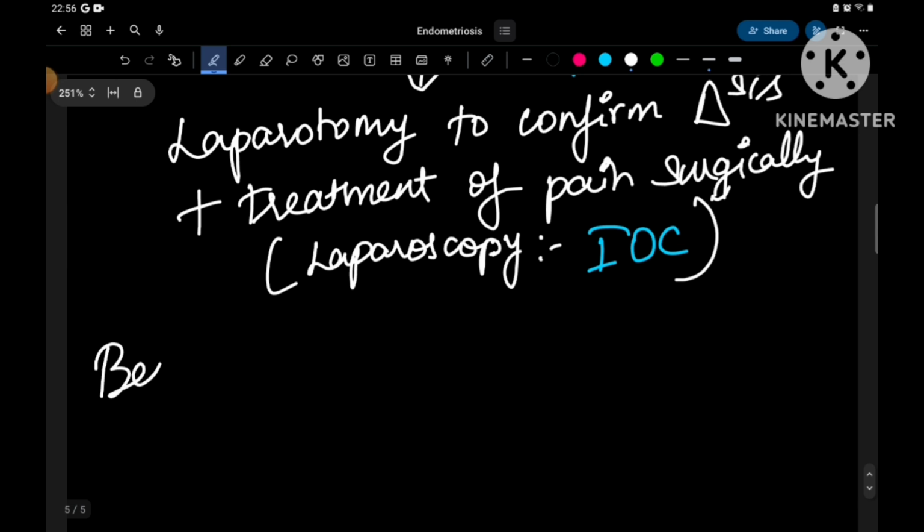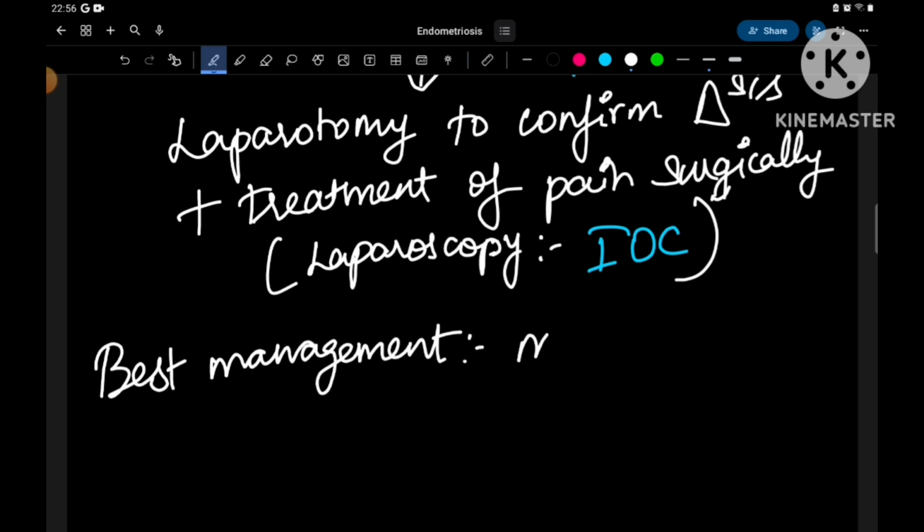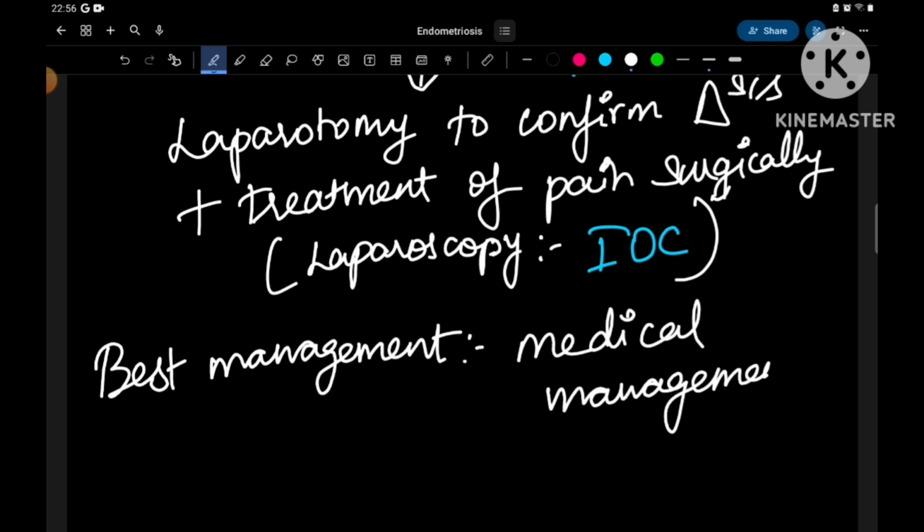If they ask what the best management is, it is medical management. Does anyone want surgery as the first treatment? No. Everyone wants to be cured by taking drugs, right? So the best management is medical management.